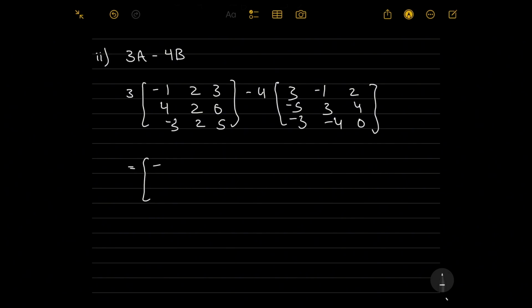It will become minus 3, 6, 9, 6, 9, 12, 6, 0, minus 9, 6, and 15.